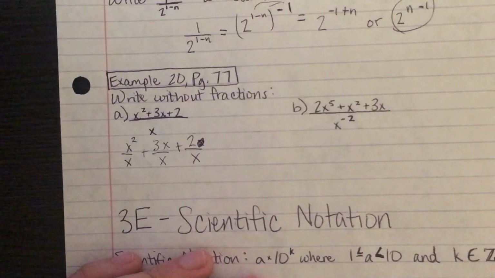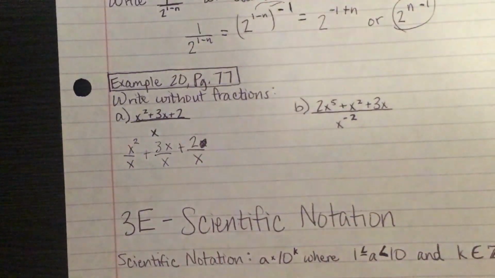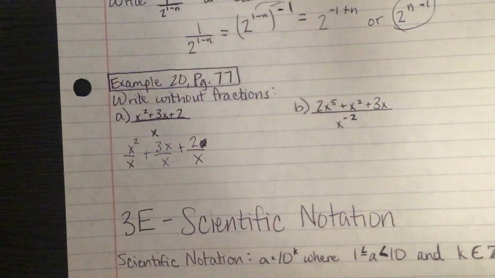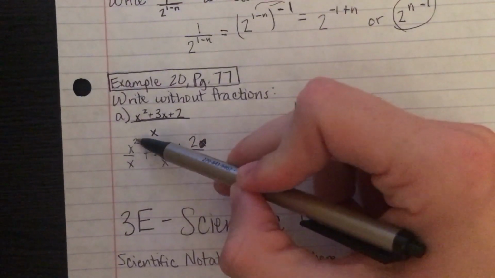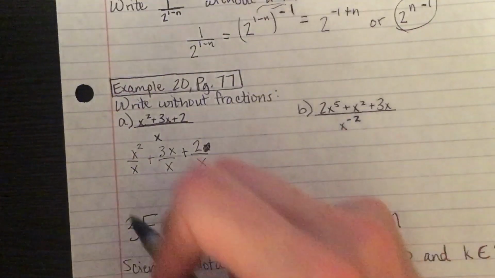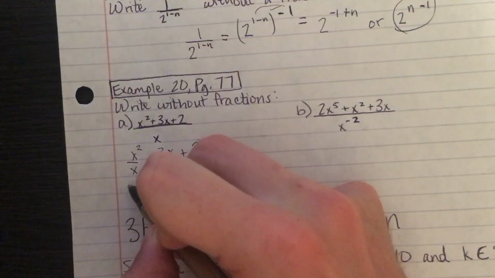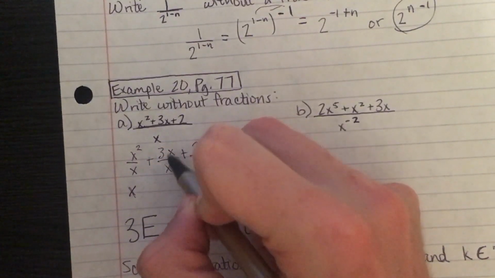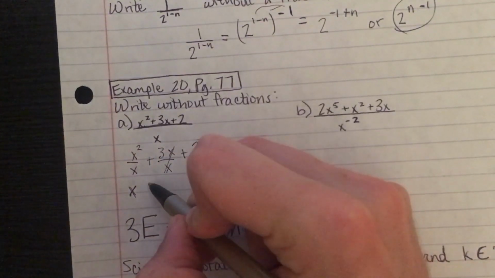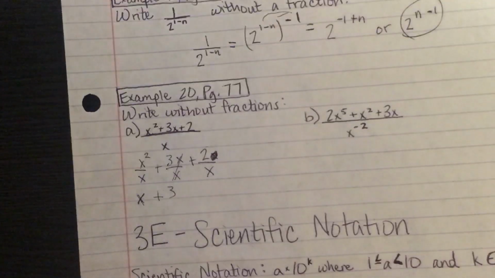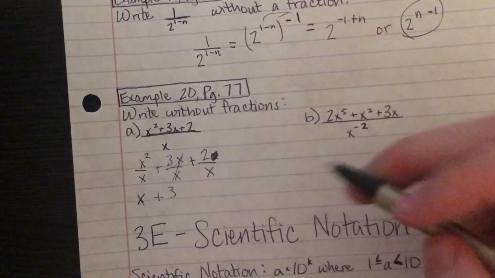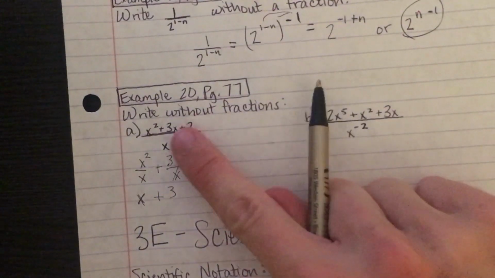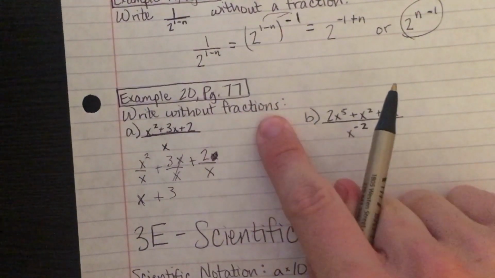There's a lot of usefulness for simplifying this way later on in mathematics. x squared divided by x, well, only one x is going to cancel out there, so we'll have just x. Here, those x's will cancel out, so we'll have 3. Then here we've got 2 over x. But we're trying to write this without a fraction.